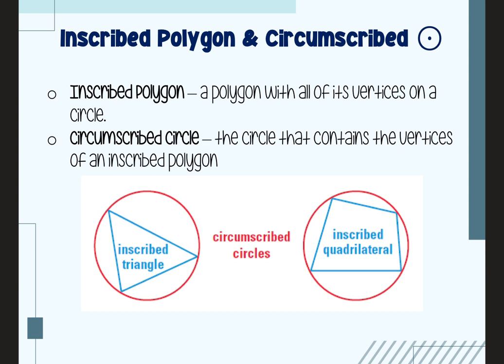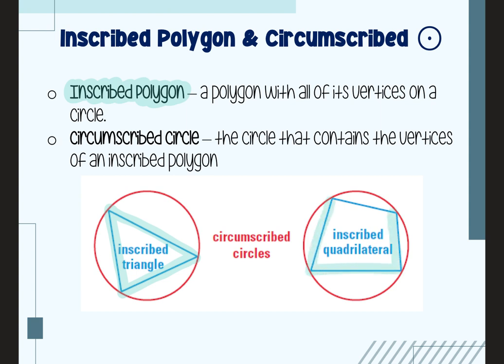All right, inscribed polygon and circumscribed circle. So just some vocab here. An inscribed polygon is a polygon with all of its vertices on the circle. So inscribed really means inside. Whatever's inside the circle with all of its vertices touching the actual circle is said to be inscribed.